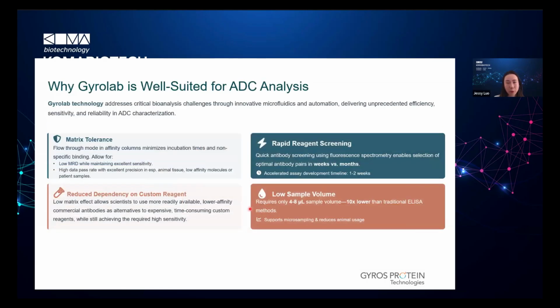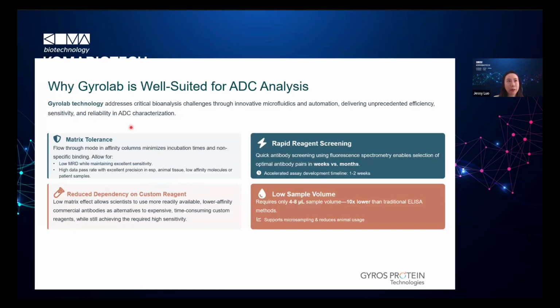So how do we solve these challenges using Gyrolab? Here, I just briefly show the benefits of Gyrolab in ADC analysis, but I think it would be better to explain in the later technology introduction and application study.